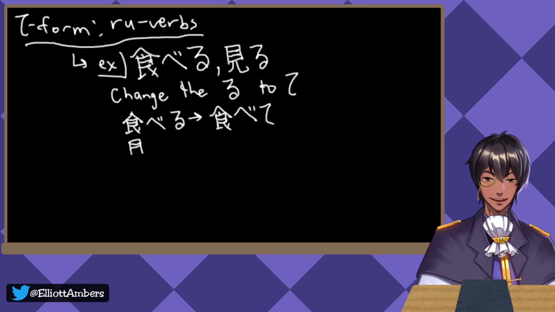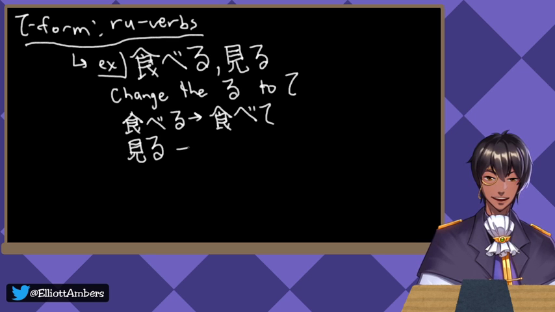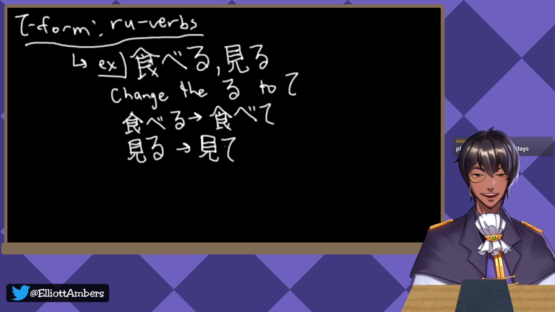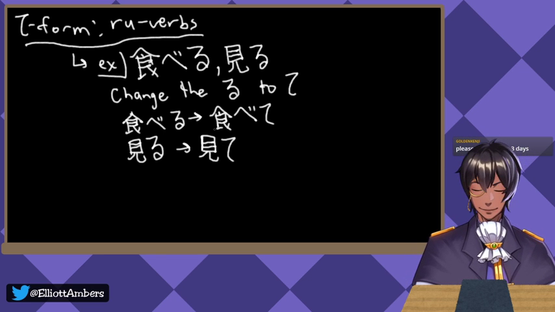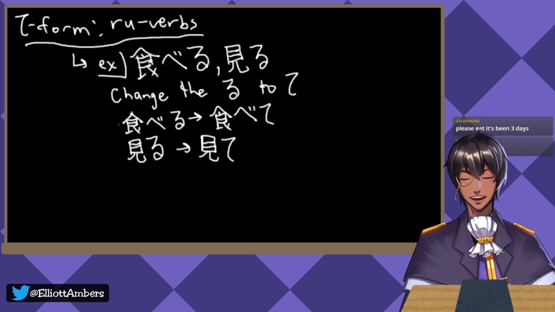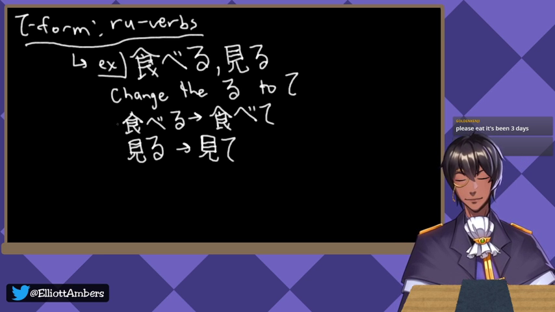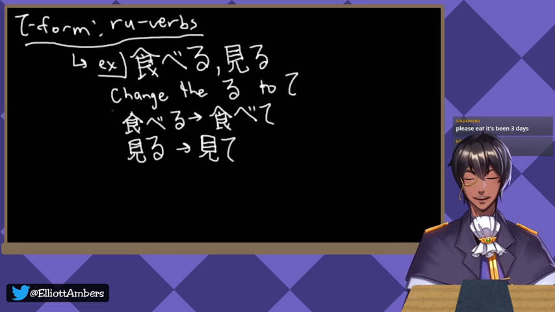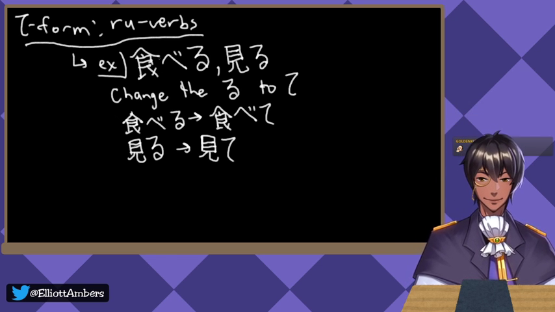And miru, as another example, miru becomes mite. Please eat, it's been 3 days. Tabete kudasai. Very simple rule. But again, you'll see some examples of this as we go through the examples.